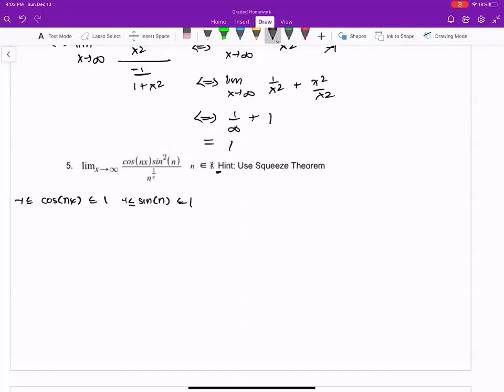And multiplying them, or applying an exponent to them, will also result in a number that is between negative 1 and 1. Therefore, you can say that negative 1 is in between, and cos of x sine squared, and 1. Does everyone understand this?